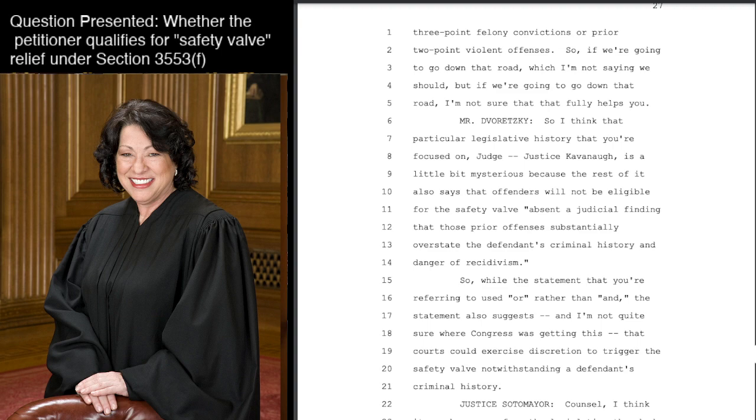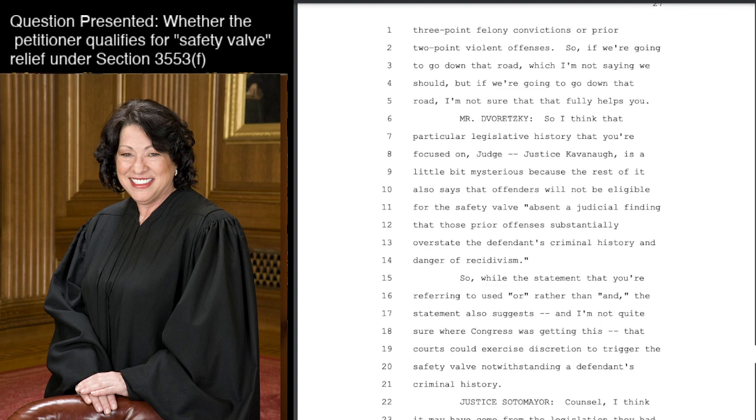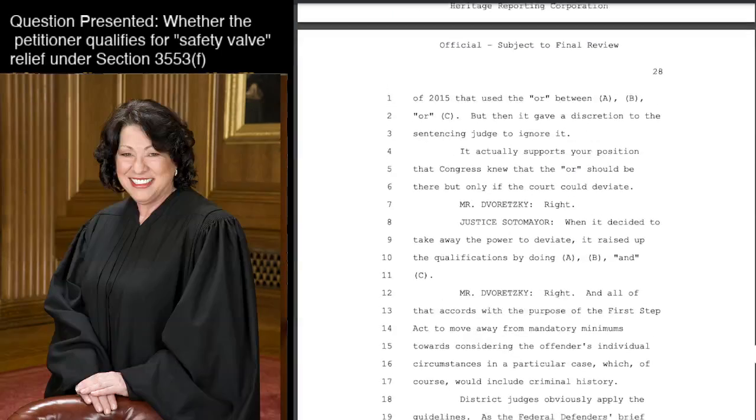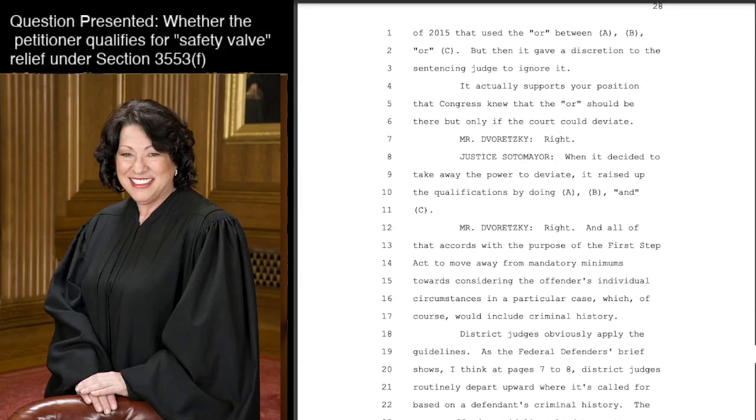That exact language that you just read came from the Sentencing Reform Act of 2015 that used the "or" between A, B, or C, but then it gave a discretion to the sentencing judge to ignore it. It actually supports your position that Congress knew that the "or" should be there, but only if the court could deviate. Right.